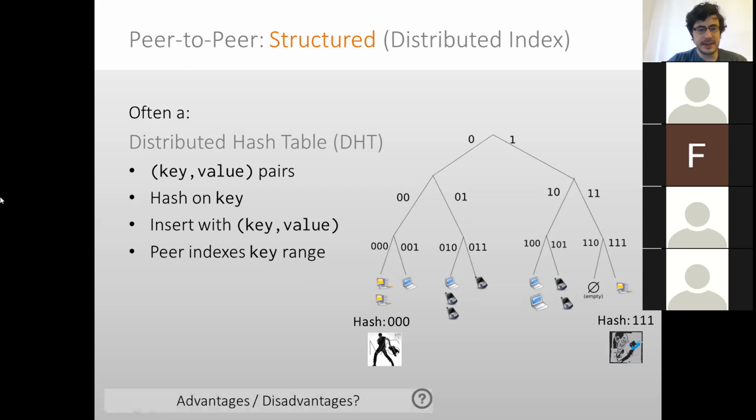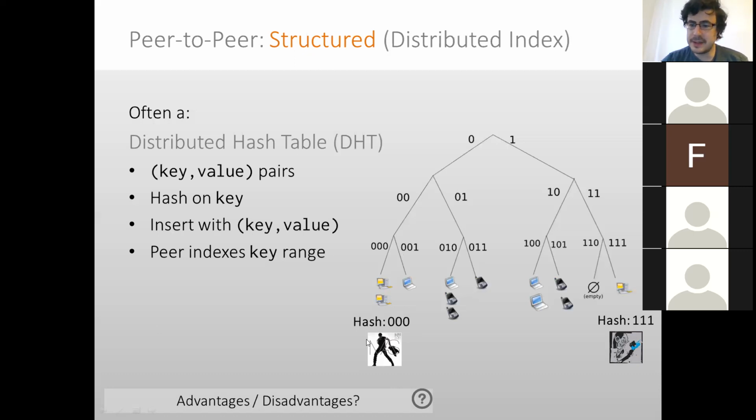So, advantages and disadvantages in this case. The advantage is that we can find the content more easily. If we can figure out the hash of what we're looking for, we can route through the network to find a particular item.